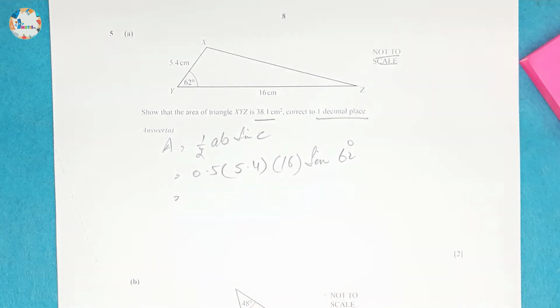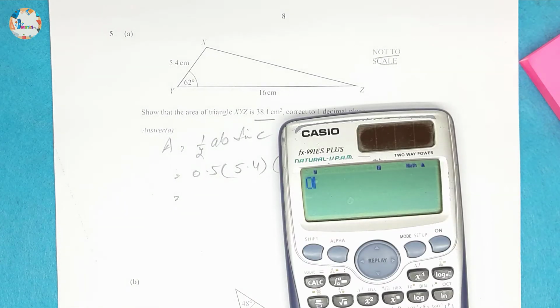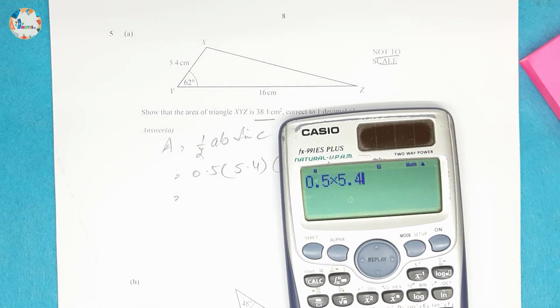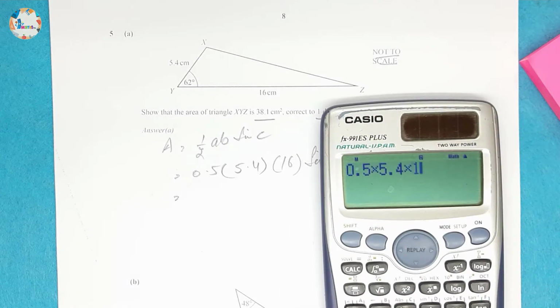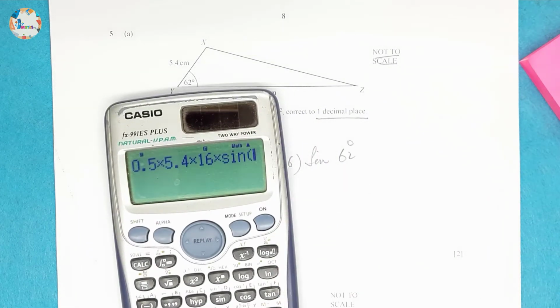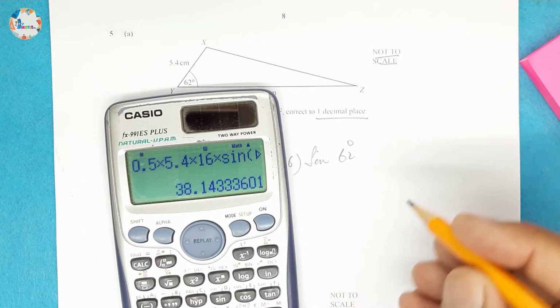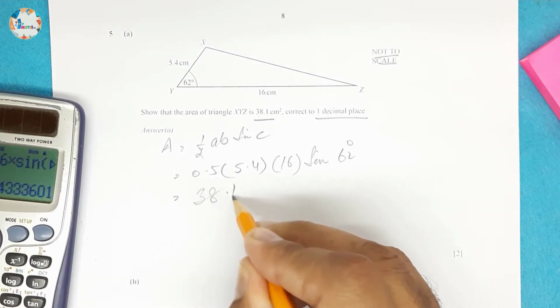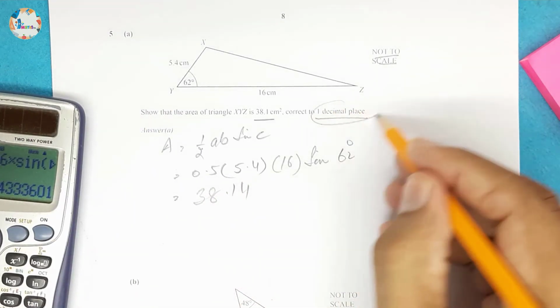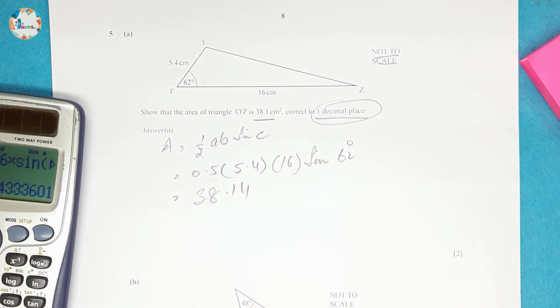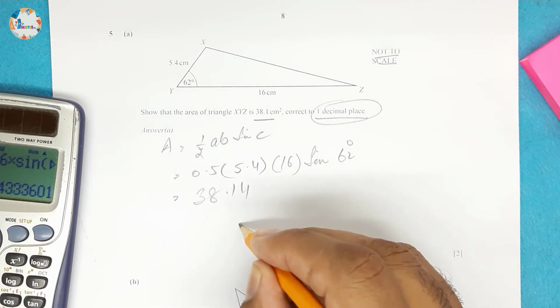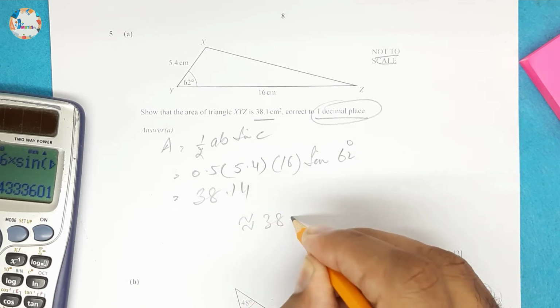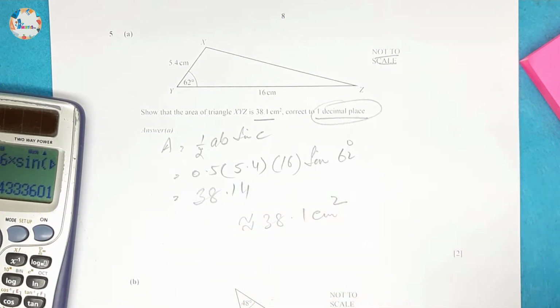So this one we can calculate: 0.5 into 5.4 into 16 into sine of 62 degrees, and this will be equal to 38.14. Correct to one decimal place, we can write 38.1. So our answer will be 38.1 centimeters squared.